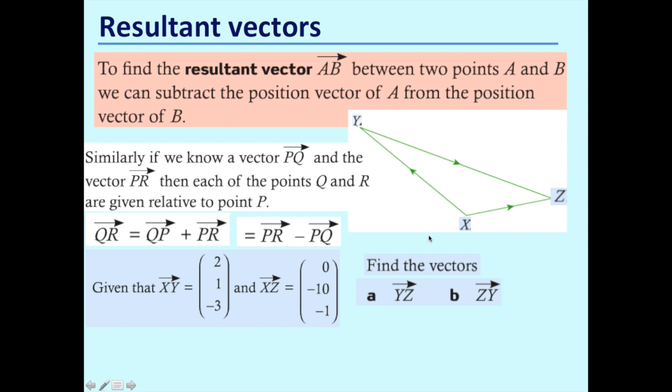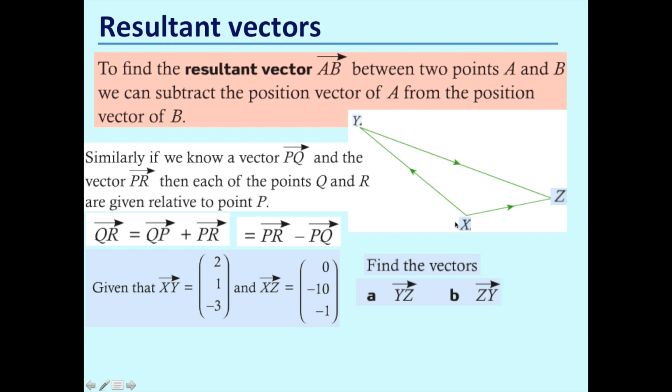So in this instance, we're asked to find the resultant vector YZ, which would be this vector here. We've been given vector XY, which is this vector, and XZ, which is this vector. So we should be able to see that the resultant vector YZ would be YX plus XZ.